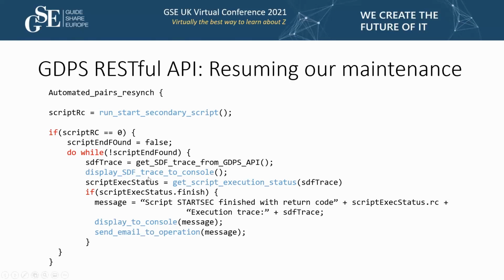So we're going to retrieve the SDF trace entry and retrieve the execution status inside, and if it's finished and the return code is 0, then we know it's successful. We will print the message in the log with the return code, the message and the SDF trace, and send an email to the operations team when the maintenance is complete.